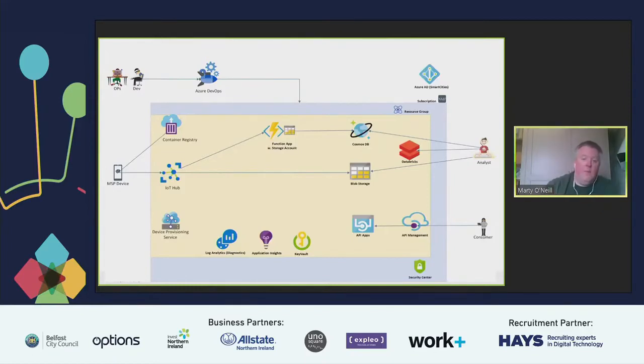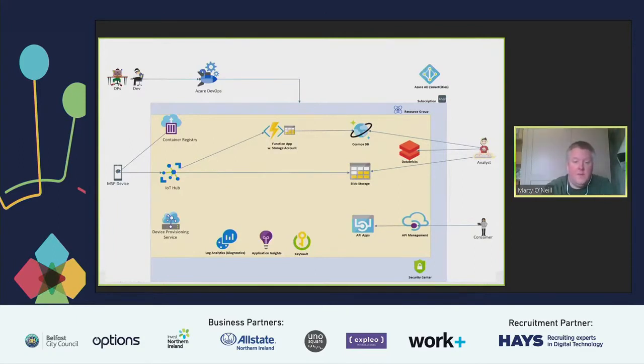The IoT hub, if you think of it, is really your gateway entry point into creating a solution in Azure. So typically you have two forms of storage. You have cold storage, which is used for archiving, and you have your hot storage, which is used for really doing your data processing and the quick analysis of the data.